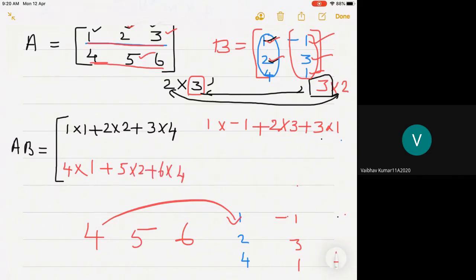Then the second row with the second column: 4 into minus 1 plus 5 into 3 plus 6 into 1. So this is matrix multiplication.